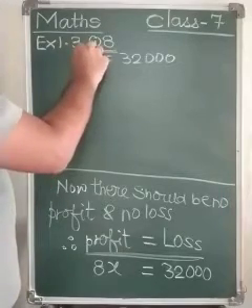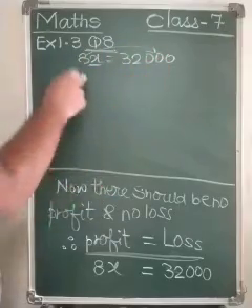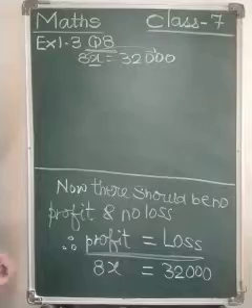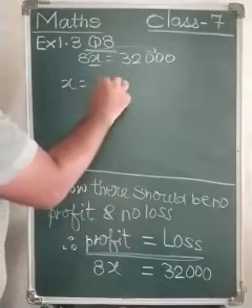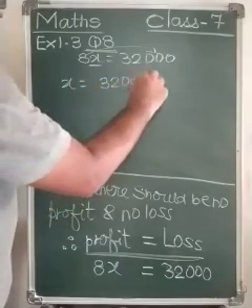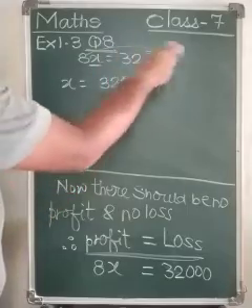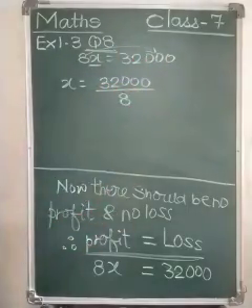So when 8 will be transposed, multiplication will become division. So x equals to 32,000, 8 is multiplied here, it will go on right hand side, so it will become division, so it will be divided by 8.